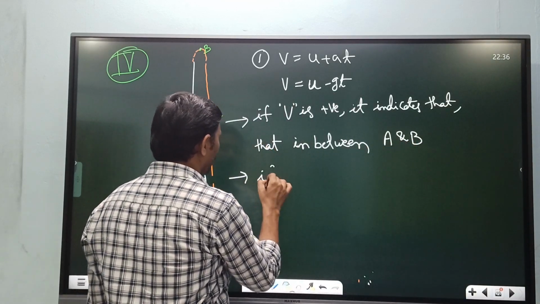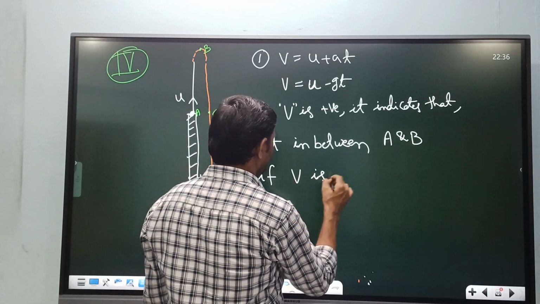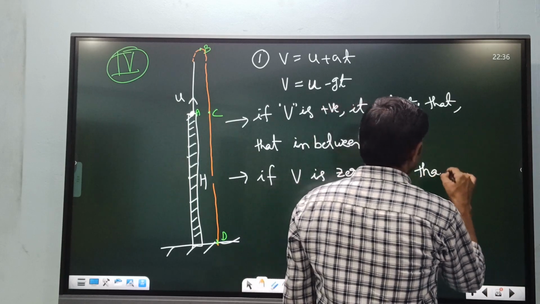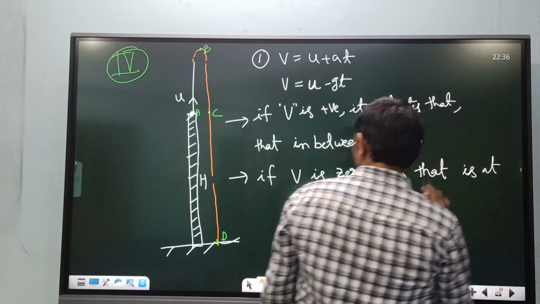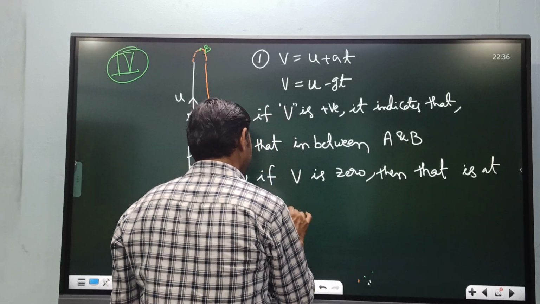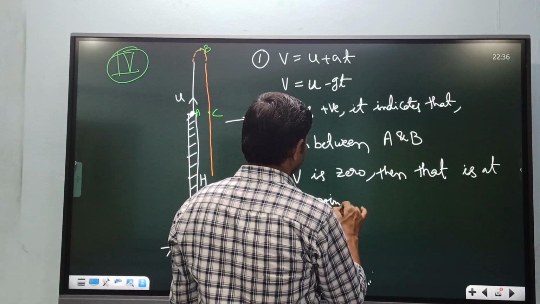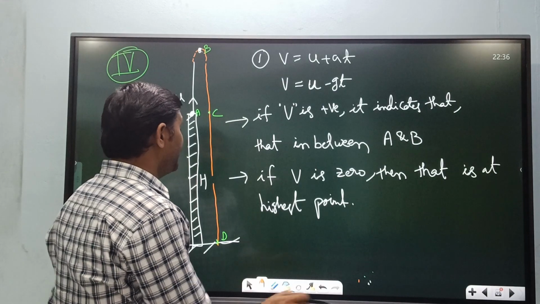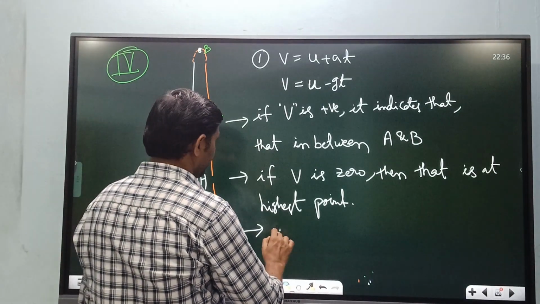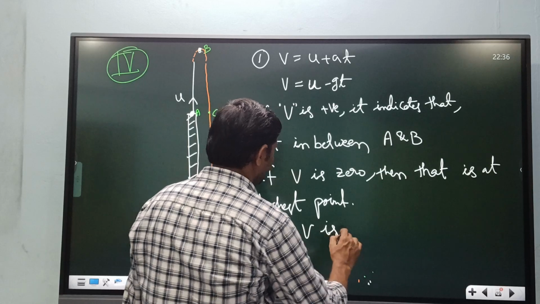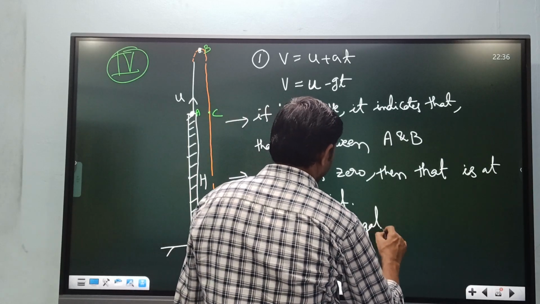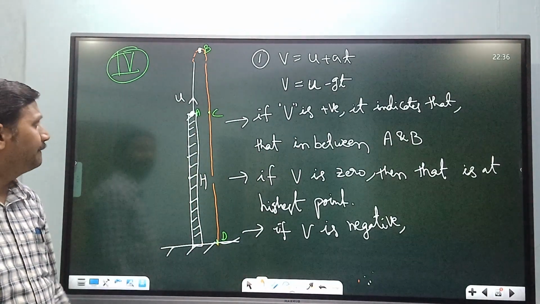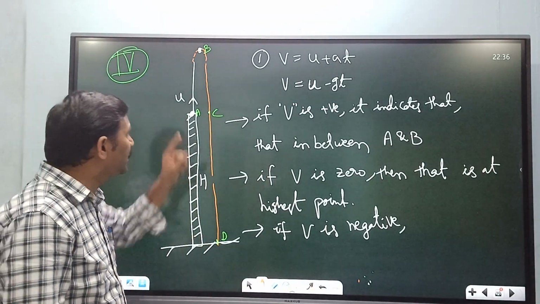If V is 0, then that is at the highest point. Now if V is negative, then the body is in between B and D, because that is in the downward motion.